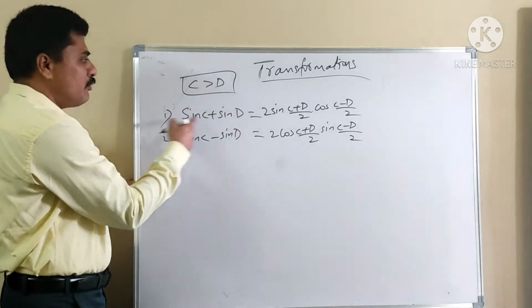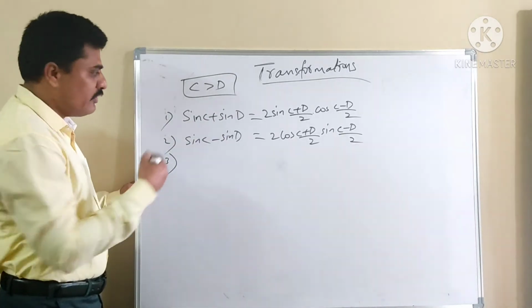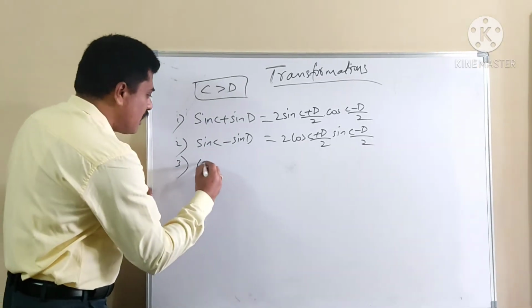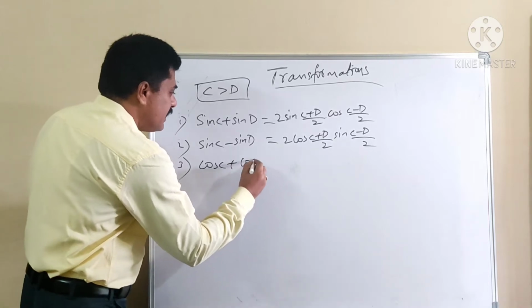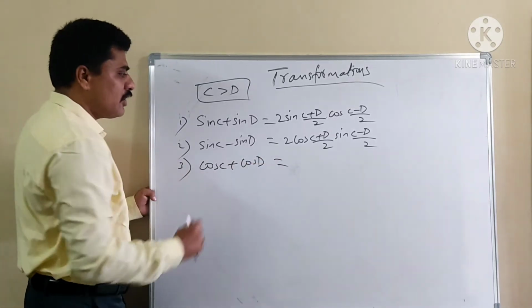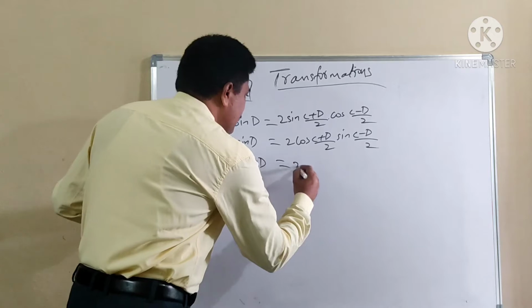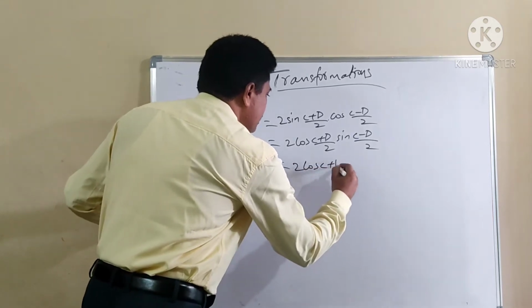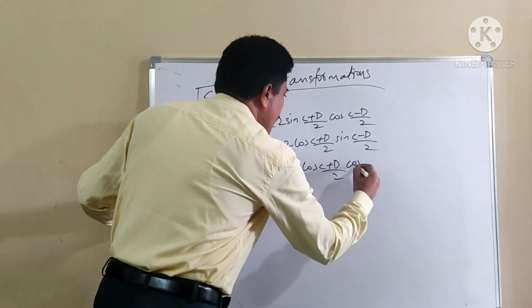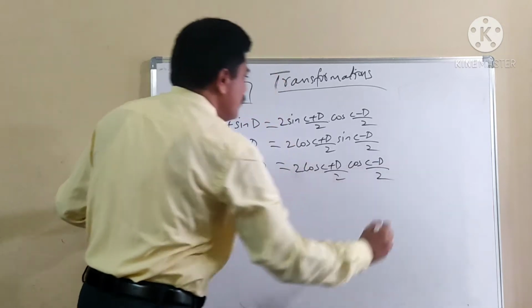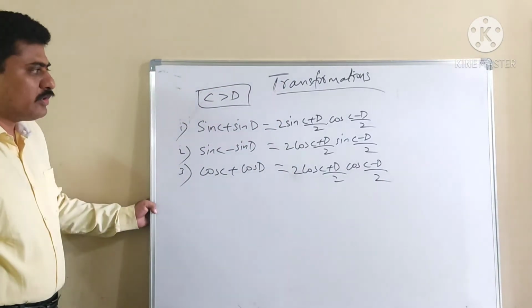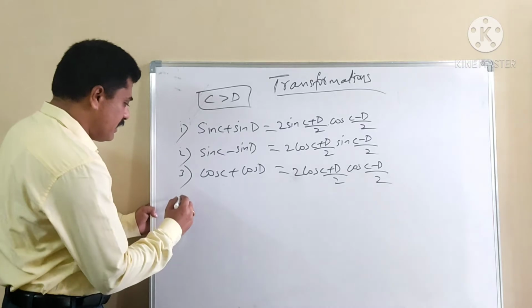Coming to the third, now we write the formula for cos. Cos C plus cos D, where both are cos, is 2 cos (C plus D) by 2 into cos (C minus D) by 2.